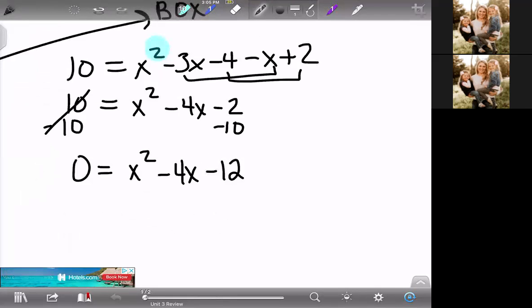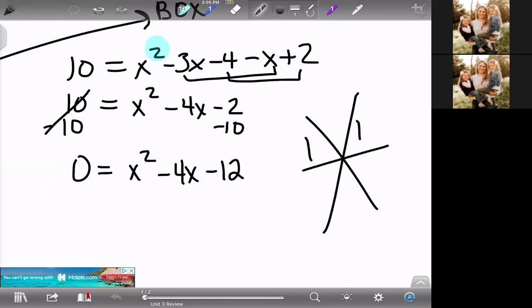Now that I've gotten this far, I want to go ahead and factor using the asterisk again. So filling out that asterisk, I have 1 in the top left, top right, -4 in the bottom middle, and 2 numbers that are going to multiply to give -12, add to give -4, going to be -6 and +2.